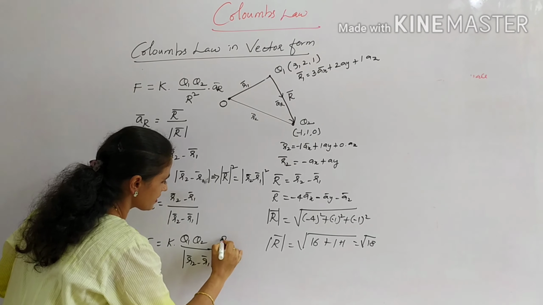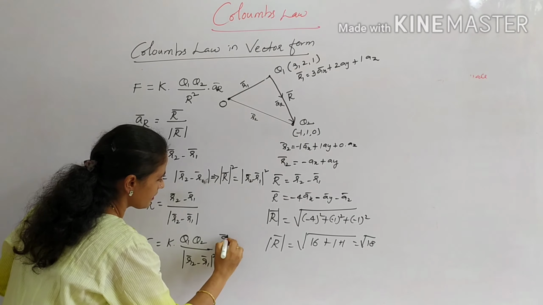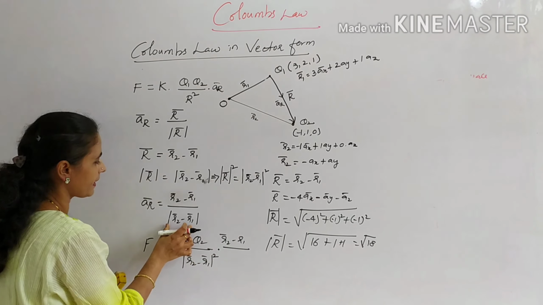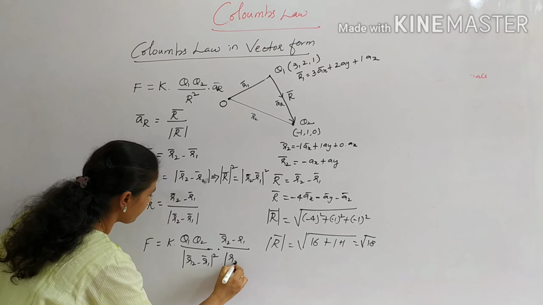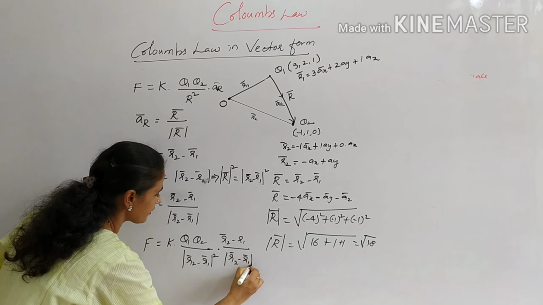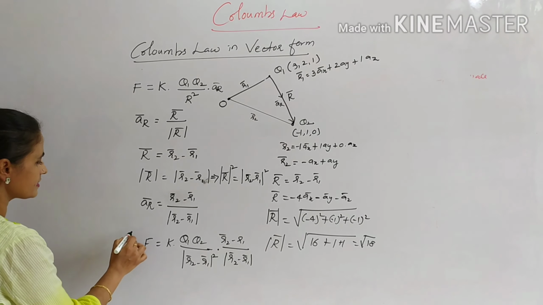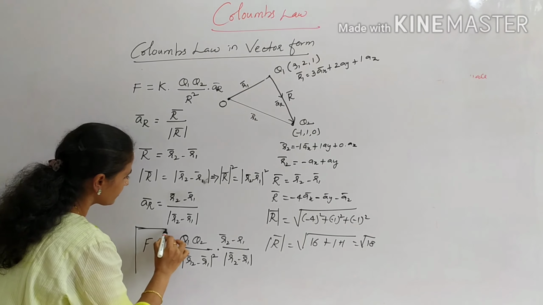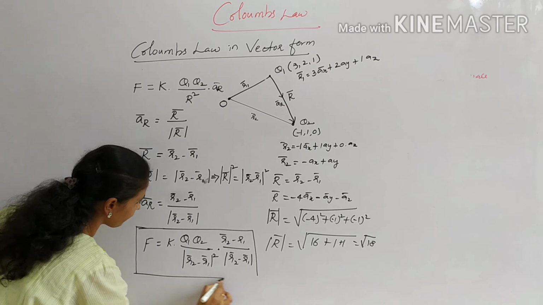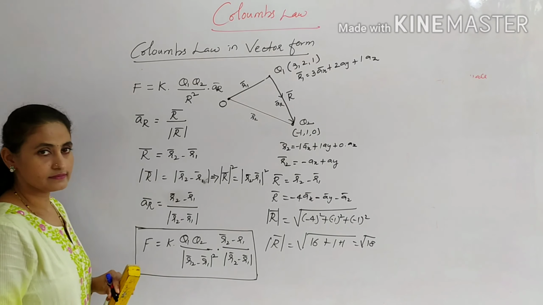So this is r2 minus r1 by the magnitude of r2 minus r1. This is Coulomb's law in vector form. Understand?